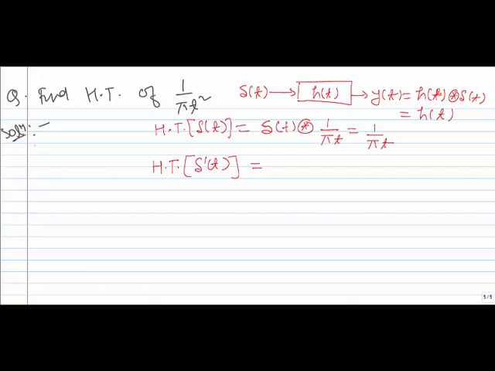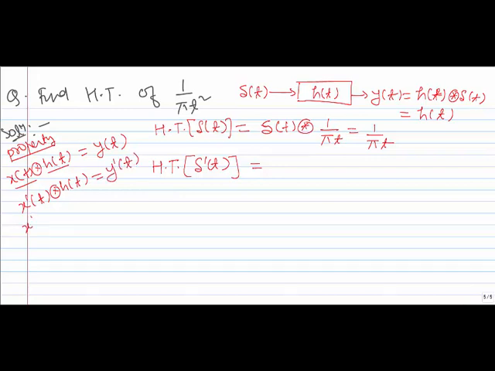So now let me tell you a property. If x of t convolved with h of t is equal to y of t, then if any one of them is differentiated, suppose x dash t convolved with h of t, the output will also be differentiated, y dash t.